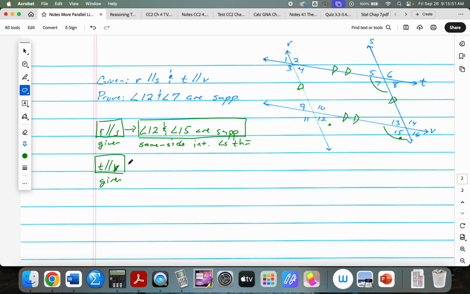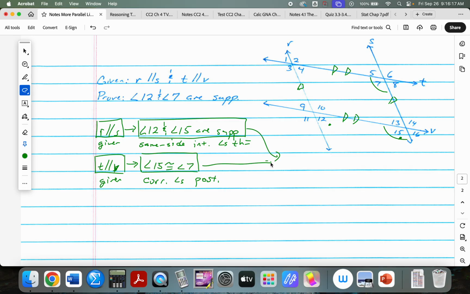So they're going to be congruent because I know that T and V are parallel. So angle 15 is congruent to angle 7. And my reason for that is the corresponding angles postulate. Remember, that's the only one that's a postulate, is the corresponding angles.